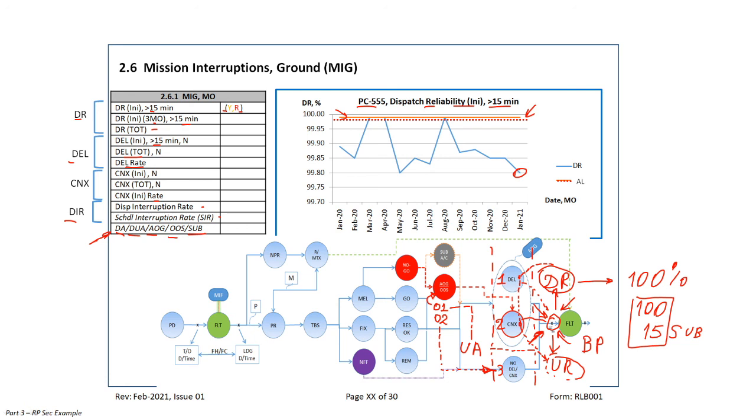So what we need to measure here, and I would highly recommend, until we have enough experience and data, which takes at least 2-3 years, is to use this type of approach and include this type of information in your reliability section, or at least the summary section. Because we need a clear picture of what's happening with one of the most critical points, which is the dispatch point here.